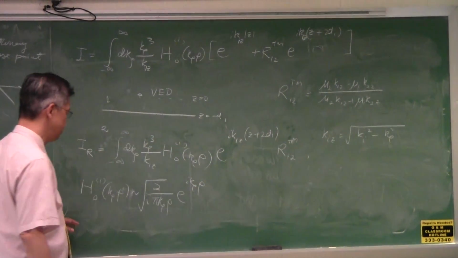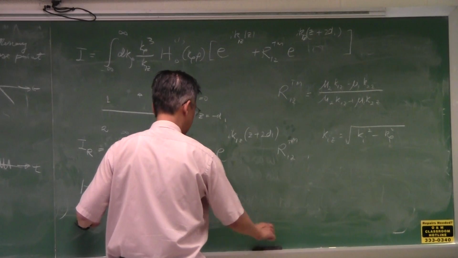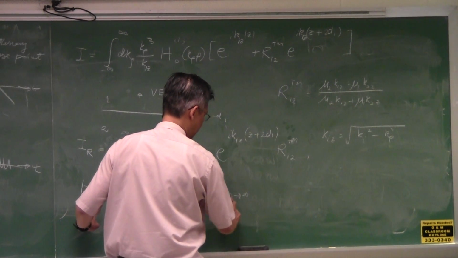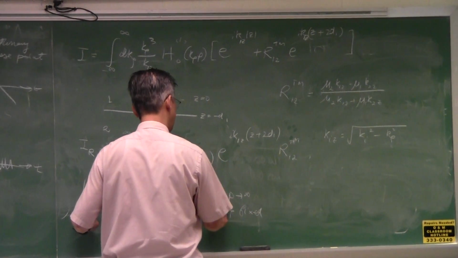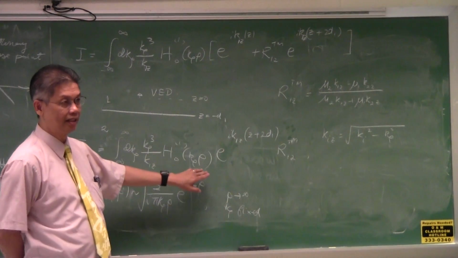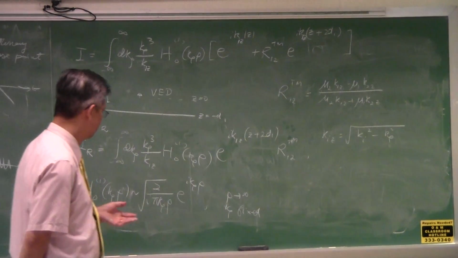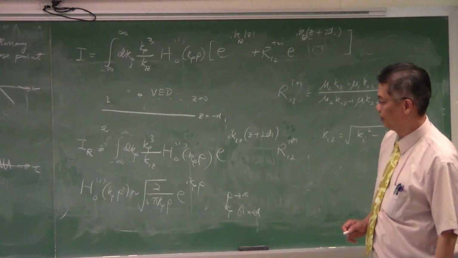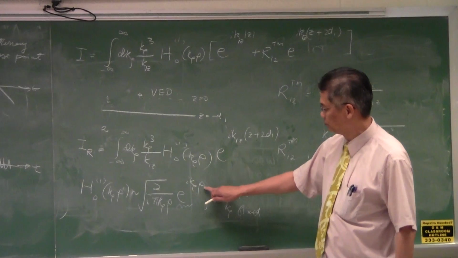If you look up the asymptotic expansion, when kρρ becomes very large, and rho becomes very large with kρ fixed, meaning that you're making your observation point very far away from the source point, you will find that the Hankel function can be approximated as such. And then it's going to be a rapidly varying function because rho is large.